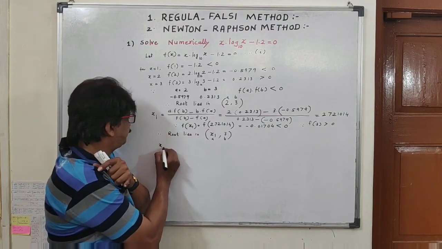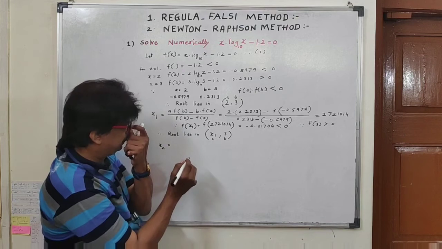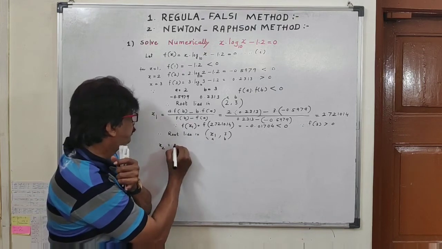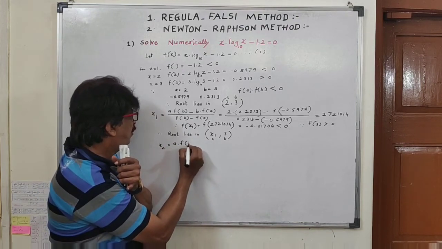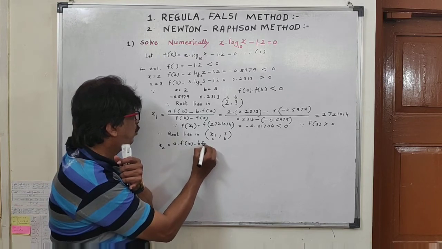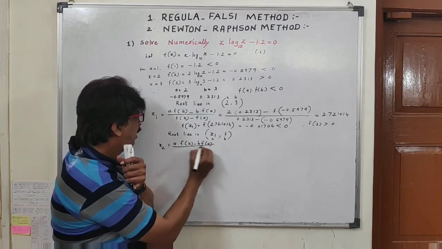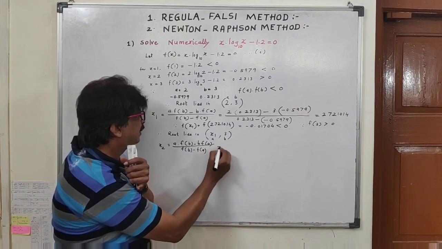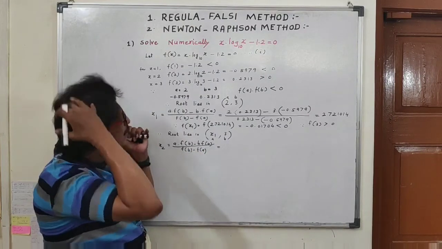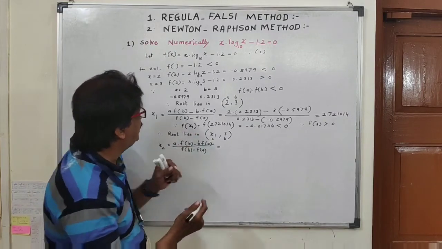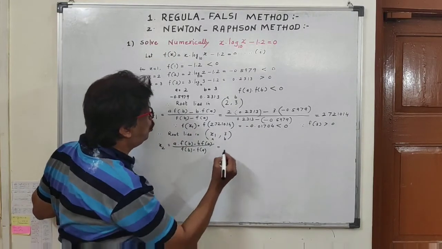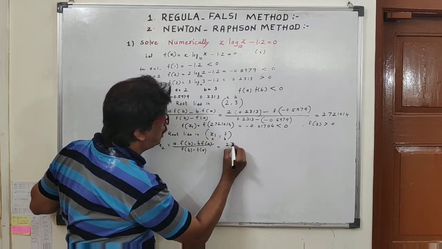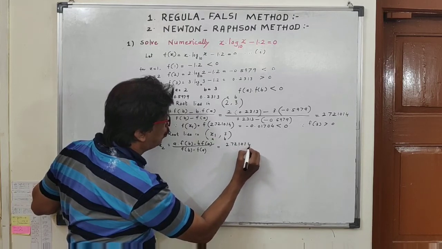x2 is A into f of B minus B into f of A upon f of B minus f of A. A means x1. x1 we have seen is equal to 2.721014.